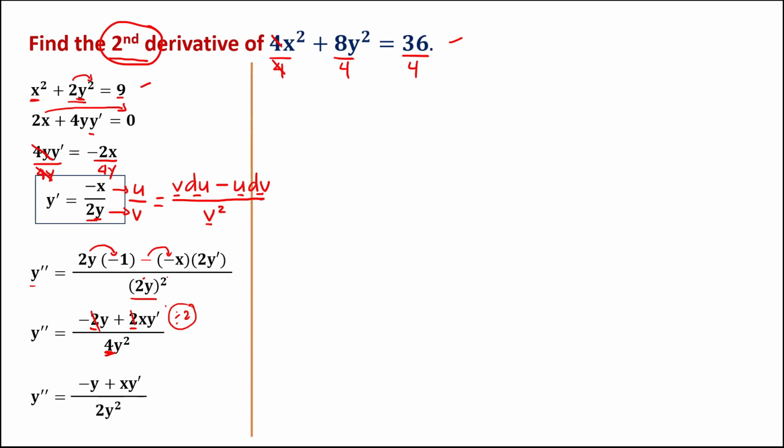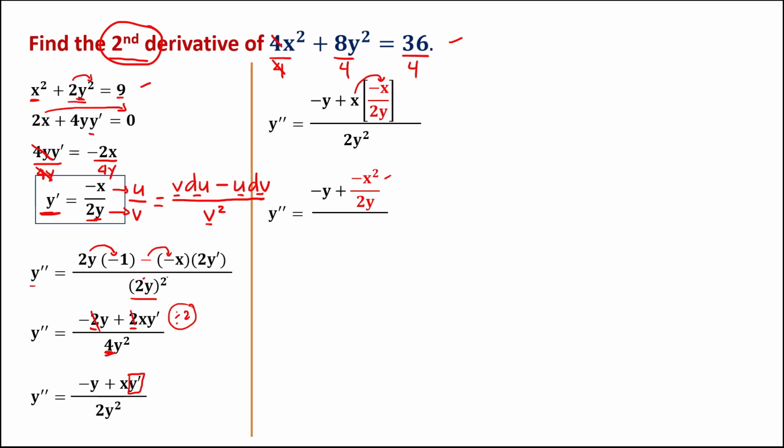Then this time, we need to substitute the value of y prime, which is equal to negative x over 2y, over 2y squared. To simplify, multiplying x and negative x gives negative x squared, over 2y.